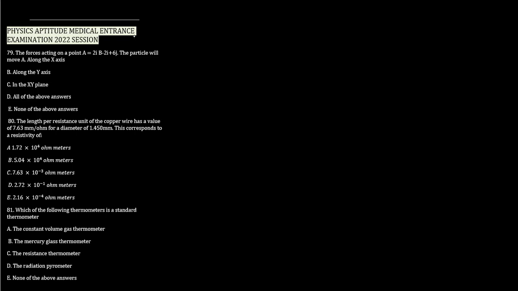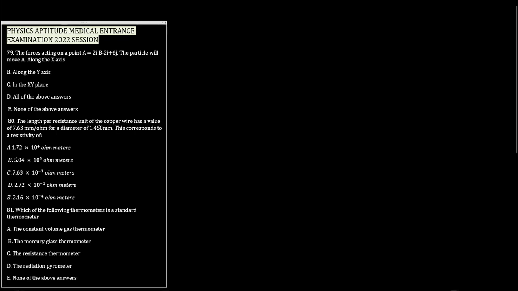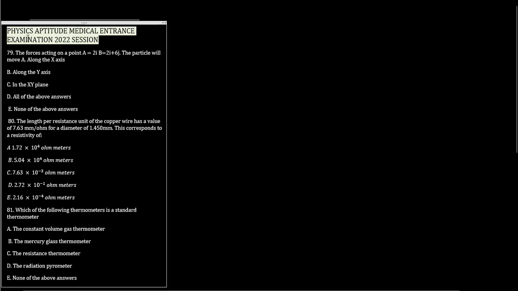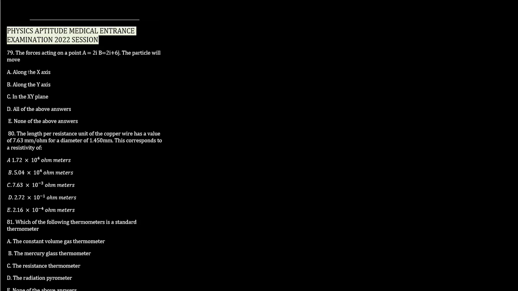Question number 79. The force is acting on the point A equal to 2i and B equal to 2i plus 6j. The particle will move along: A, the x-axis; B, the y-axis; C, in the xy plane; D, all of the above; E, none of the above. So I have two vectors A and B. So vector A, relative to the origin, is given by 2i.